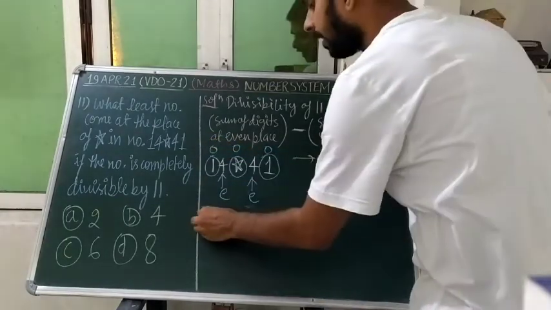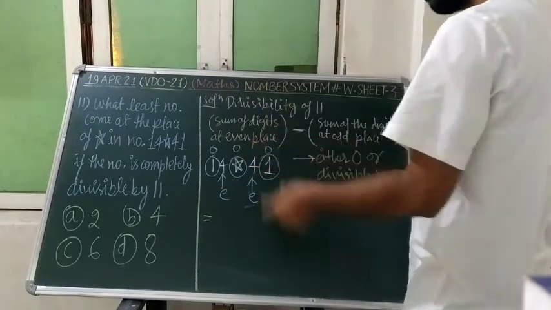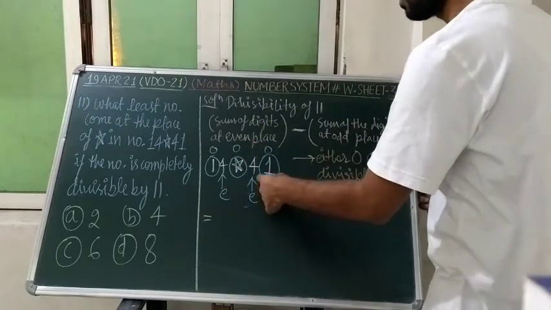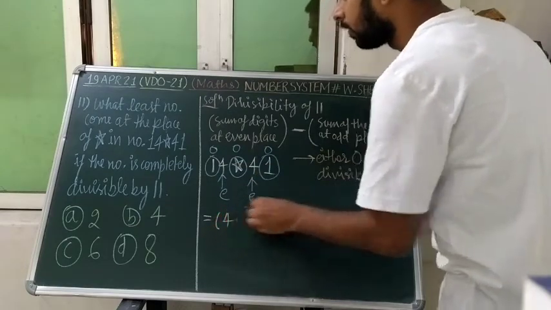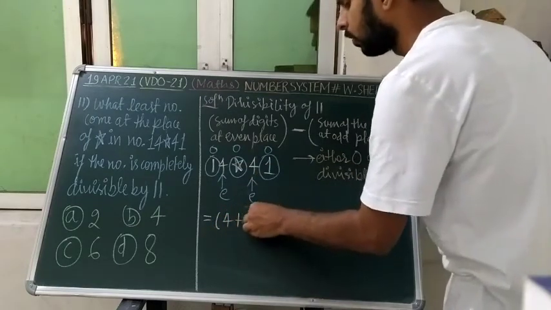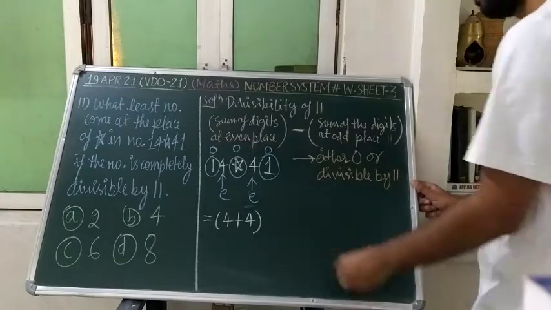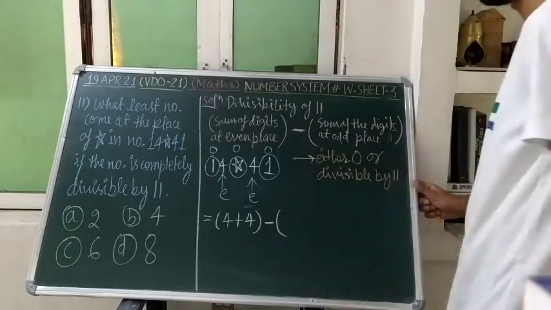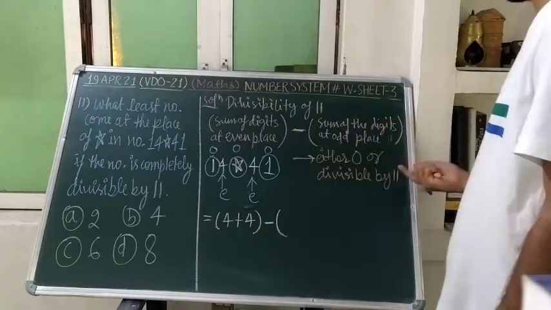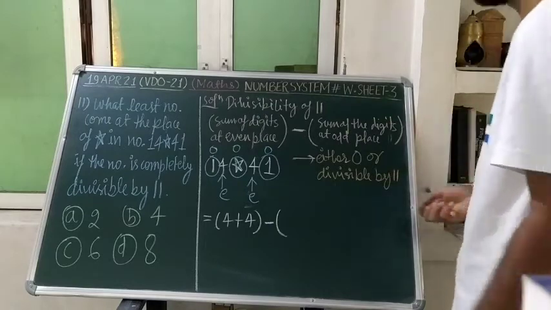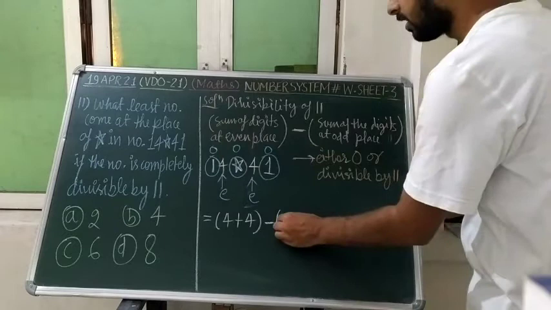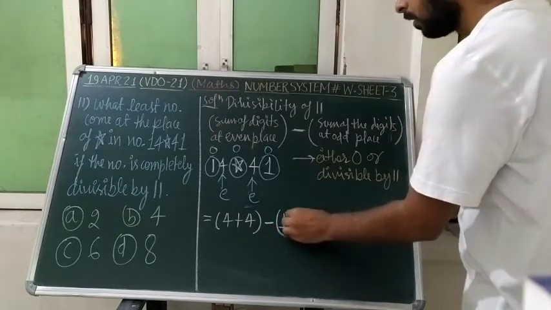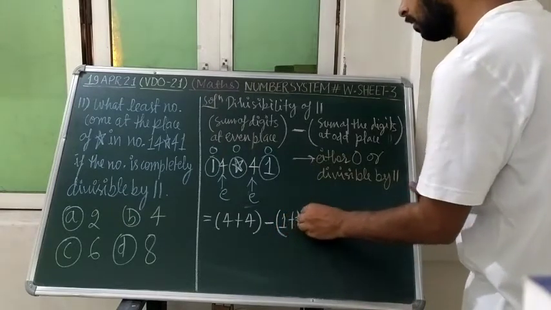So sum of the digits at the even place, means even places are here and here, and the digits present there are 4 and 4, the sum of those, minus the sum of the digits at odd place. So the digits at odd places are 1 plus star plus 1.